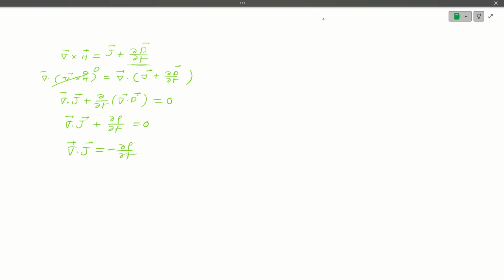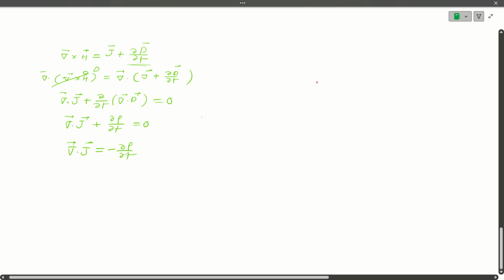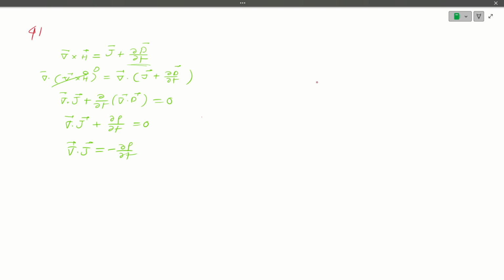So we get this expression from the fourth Maxwell relation or equation in EMT. This is the expression we derived: divergence J equals minus del rho by del t.